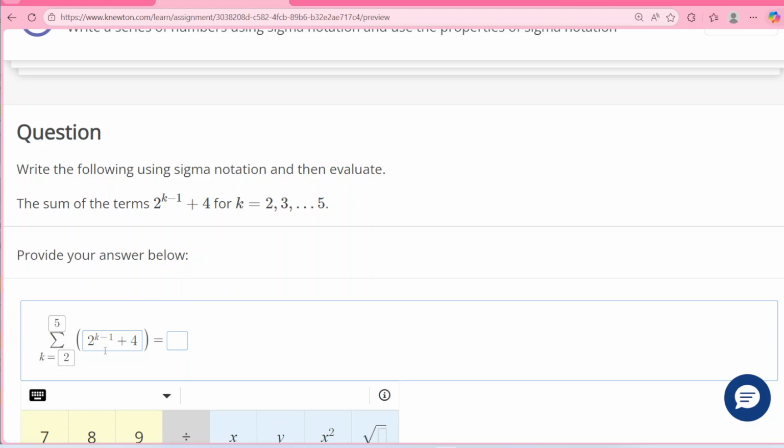Now, the sum of powers of 2: when k equals 2, this would be 2 to the 2 minus 1, that'd be 2 to the first, so it'd be 2, plus 4 when k is 3, plus 8 when k is 4, and then plus 16 when k is 5. Maybe I should write this out.